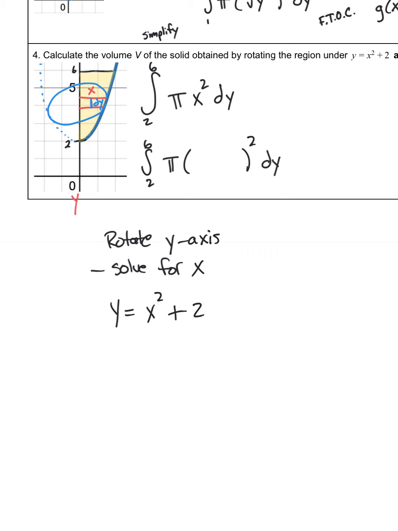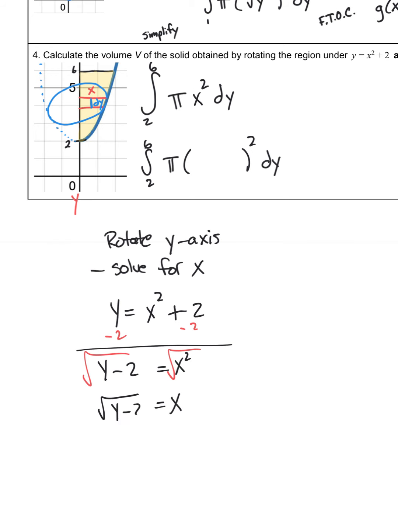So the first thing I'm going to do is I'm going to subtract off 2. So I get y minus 2 is equal to x squared, and then I'm going to square root both sides. So x is equal to the square root of y minus 2. And this right here is what I'm going to plug in for x right up here. This x becomes the square root of y minus 2.